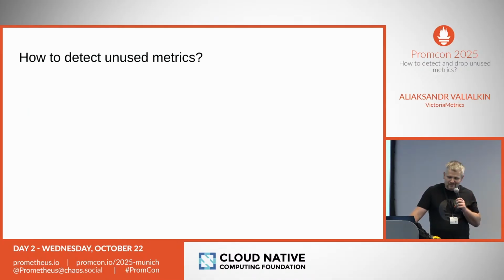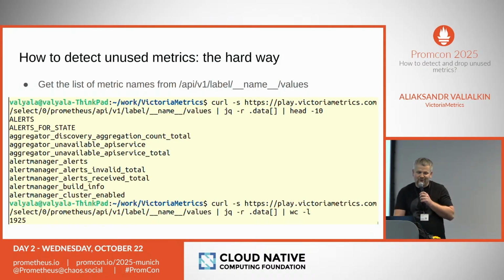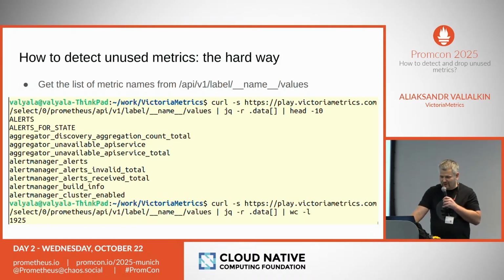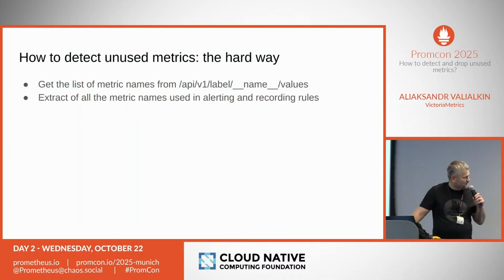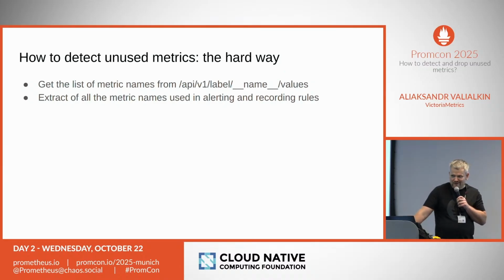There are two ways. The hard way is the following. The first step is to get a list of all the metric names from your Prometheus or from VictoriaMetrics, like this example. The next step is to inspect all your recording and alerting rules and extract all the metric names from these rules.